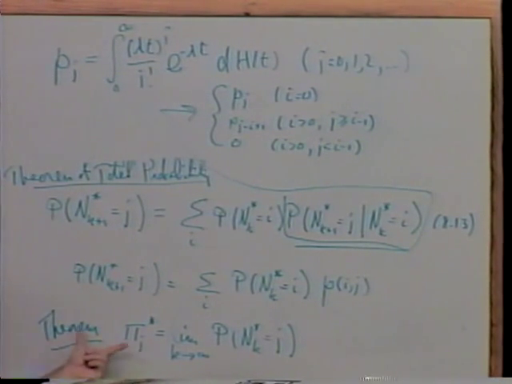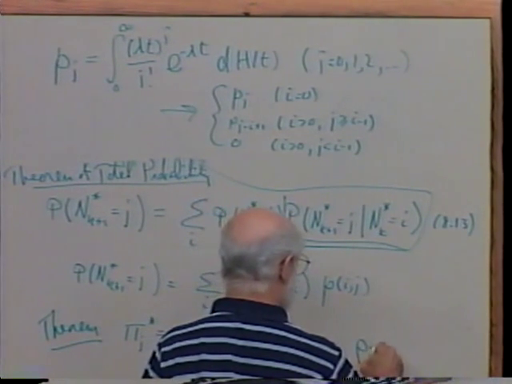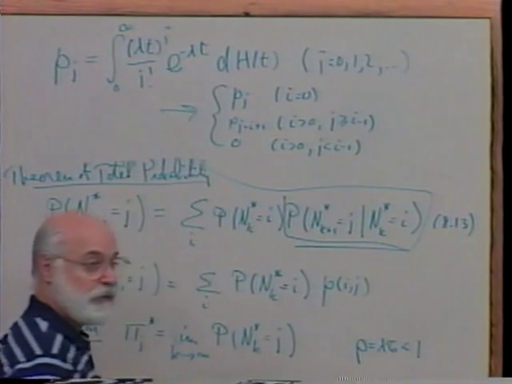Now, of course, there's a condition under which this exists. In fact, what the theorem says is that a unique equilibrium distribution will exist if and only if a certain condition is met. And that condition, of course, is that rho, which by definition is lambda tau, must be less than 1.